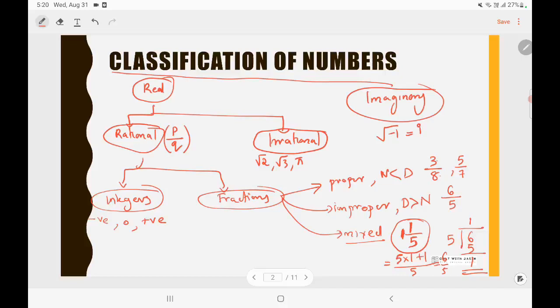Now when we come to integers, if you consider 0 and positive numbers together, they are known as whole numbers. So whole numbers include 0 and positive numbers. If we are only considering positive numbers, then it is known as natural numbers. If you look into many UPSC questions, you can see like p and q are natural numbers, or p and q are integers, or p and q are whole numbers.